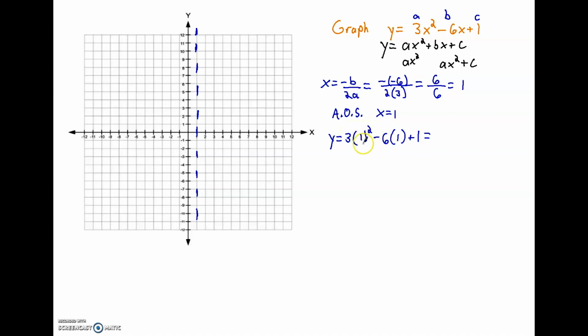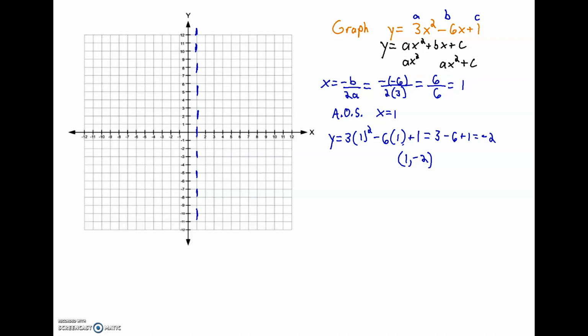But try to do it mentally, please. 1 squared is 1, times 3 is 3, minus 6 times 1, so that's 3 minus 6 plus 1. 3 minus 6 is -3, plus 1 is -2. So we input 1, and we got an output of -2. So our vertex is (1, -2).